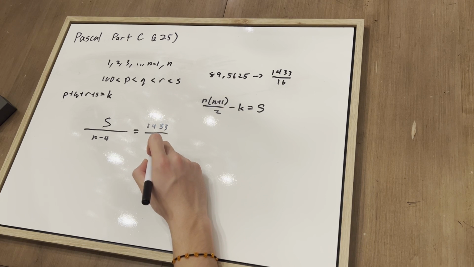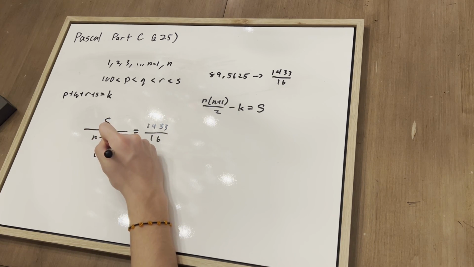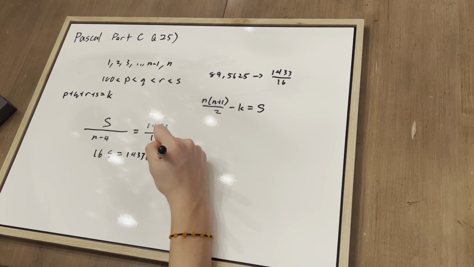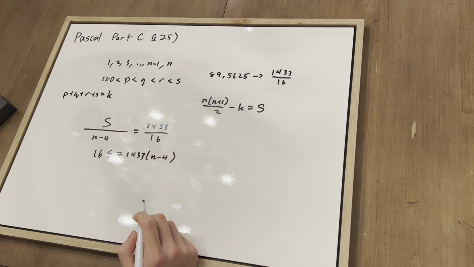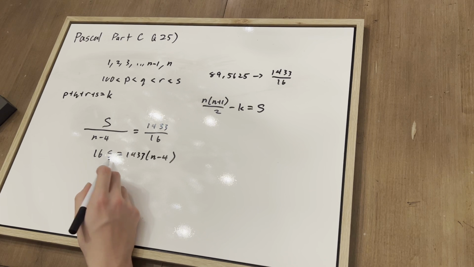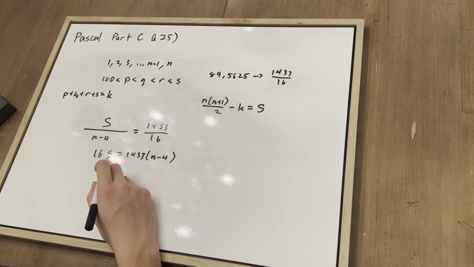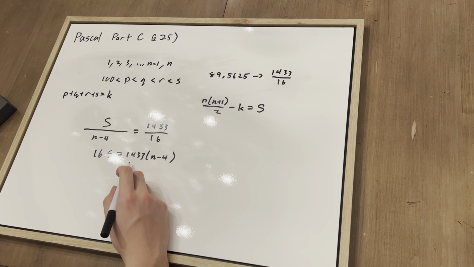Next, we can cross multiply. We have 16s equals 1433 times n minus 4.